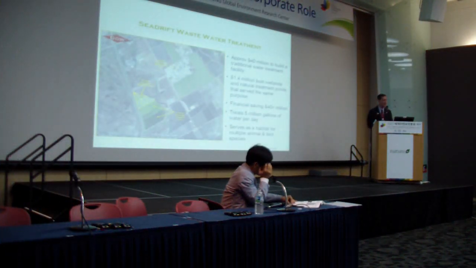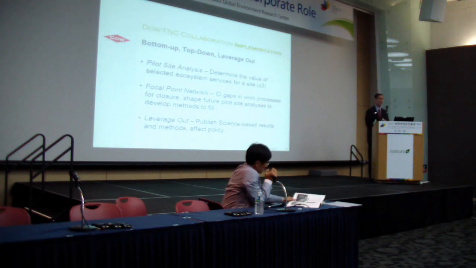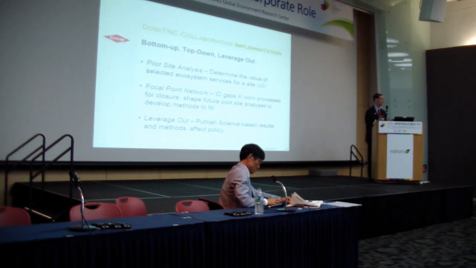Let me tell you a little bit how we're going about this with Dow and the Nature Conservancy. We have three approaches to the 5-year collaboration with which we're investing $10 million. The first is to do some work on the ground. Boots on the ground is what the Nature Conservancy likes to say about this.